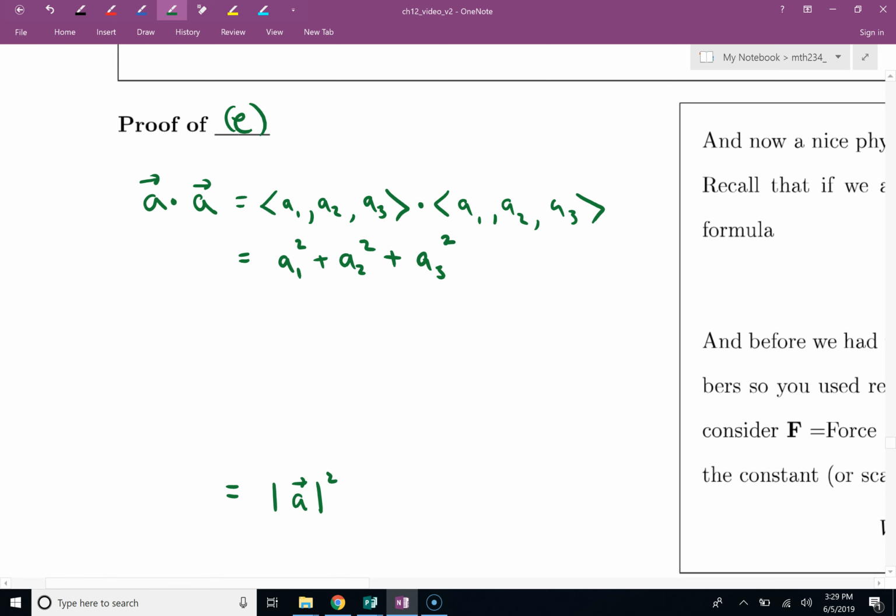And we'd say, okay, this actually does look like a magnitude to some extent. Let's go back here. If we were to ask, what is the magnitude of something, and then we need to square it? The magnitude of A would typically look like the square root of the first component squared, the second component squared, and the third component squared, all added together.